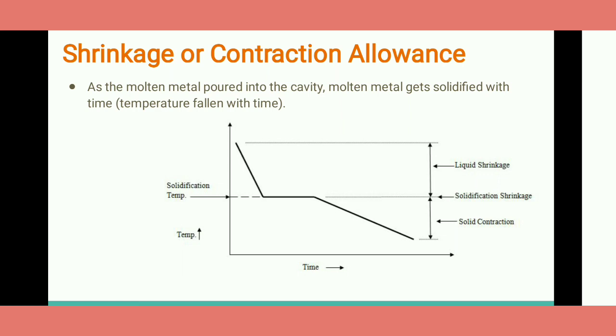So basically it is going from the liquid phase to the semi-solid, and at that point we call it the solidification temperature, the solidification phase, or phase transition. Once the formation of dendrites starts, there is a formation of dendrites inside this liquid material.